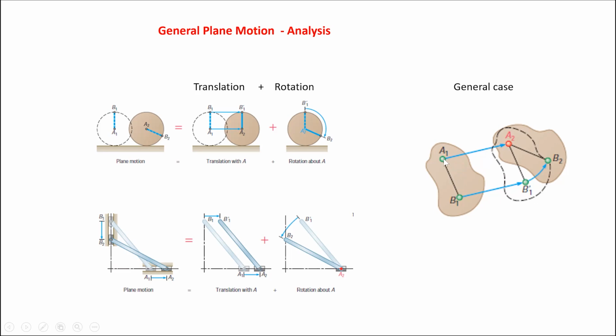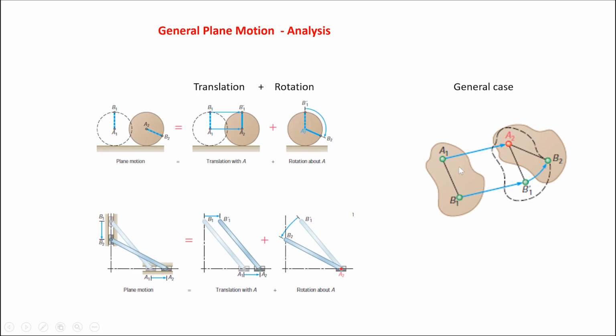What reference point you take to talk about the translation is going to decide your translational components. While the rotation part is the interesting point: the rotation by a certain delta theta is the same for any line, whether you take A1, B1 like this or A1, B1 like this at some other angle, and then you calculate the new position of B1 here.